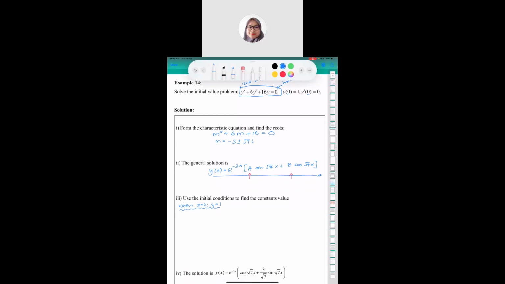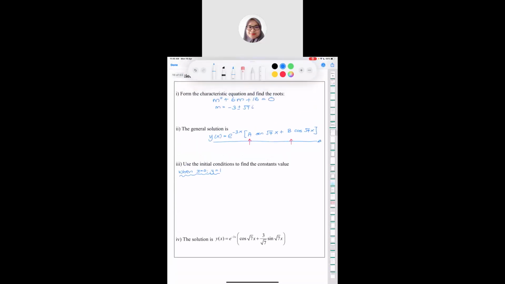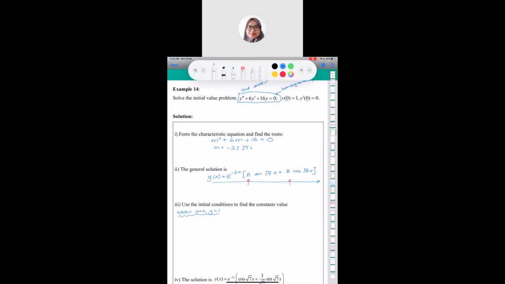So if I substitute here, I have y: 1 equals e^0 (A sin 0 plus B cos 0). Sin 0 is always 0, so this 0 times A vanishes.